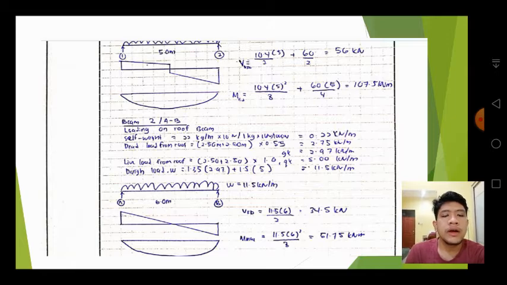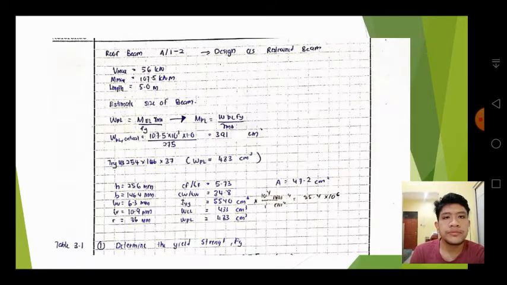We use 1.35 GK plus 1.5 QK, and we got the value of 11.5 kilonewton per meter. And then VED and MED respectively, we calculate as 34.5 kilonewton and 51.75 kilonewton meters.